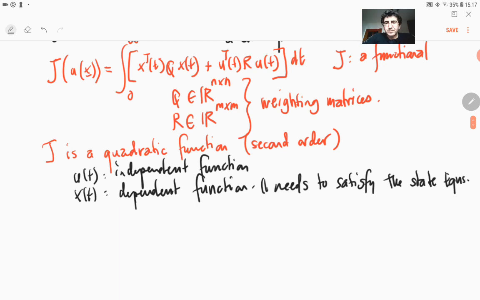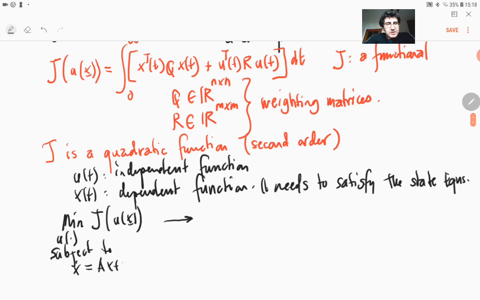So we want to find the function u that will minimize J of u, x. This problem is subject to x dot equals Ax plus Bu and y equals Cx plus Du.